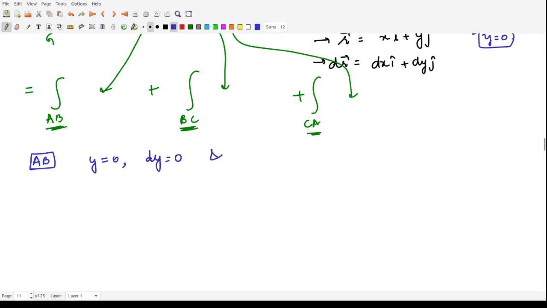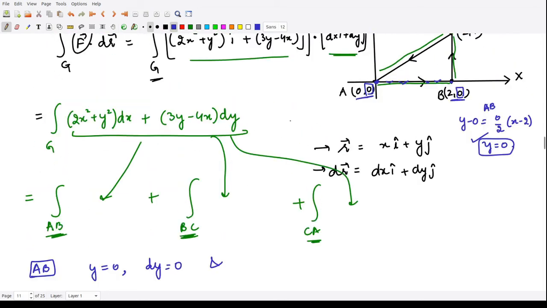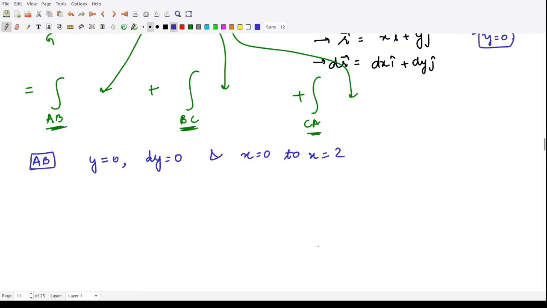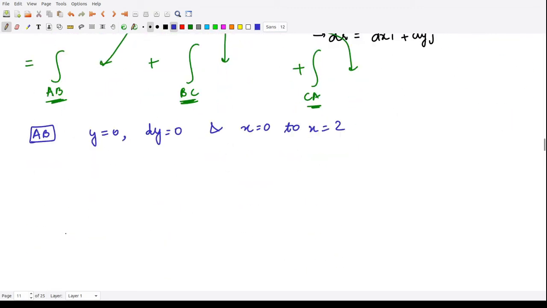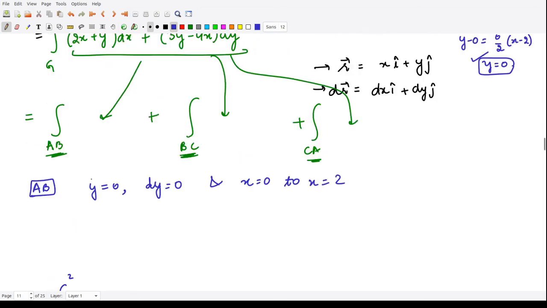And moreover, what are the limits? Now you see what varies here. The thing that varies over here is this x. The value of x here is 0 and the value of x here is 2. So that means your x varies from 0 to 2. So this is for AB. For AB I can define this to be x varying from 0 to 2, the quantity this.